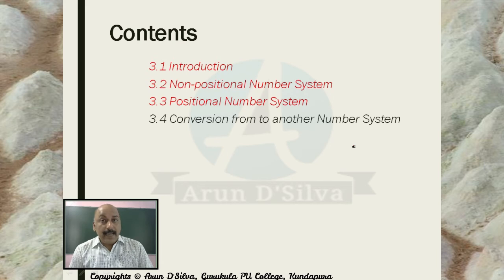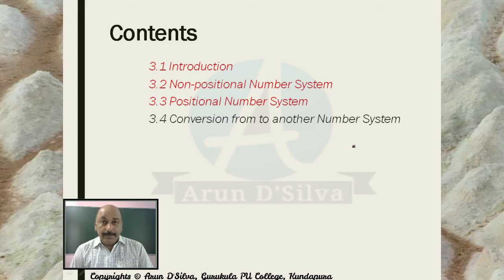At the same time, we are learning the conversion from one number system to another number system. In the last session, we discussed how to convert the decimal number to binary. We calculated the binary equivalent in two ways.